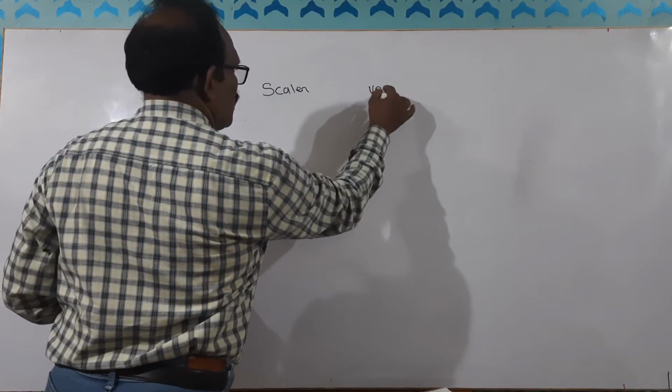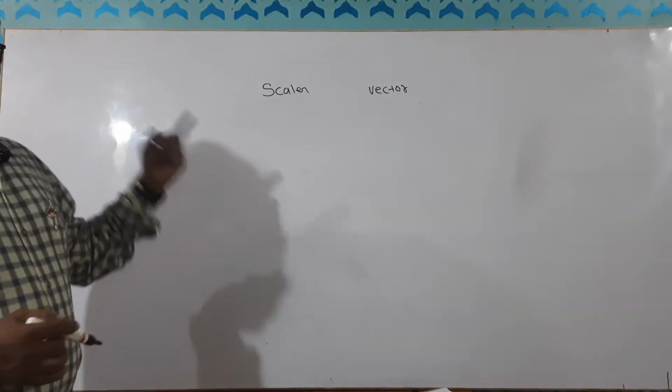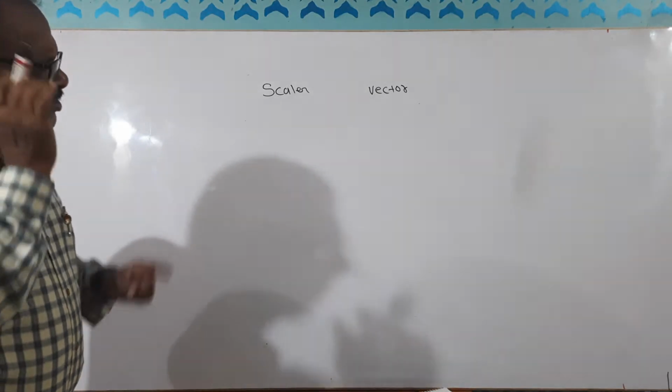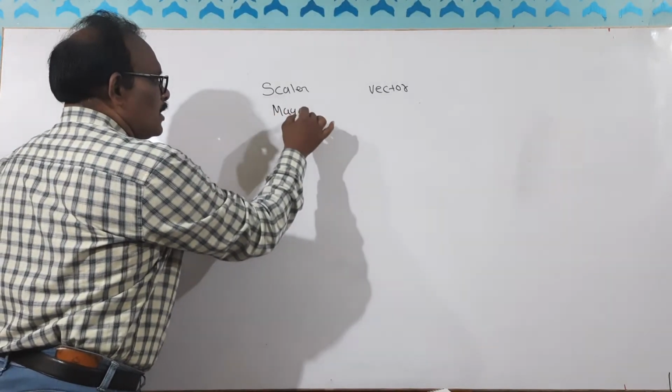Scalar and vector. What are these? These are quantities. Scalar is a quantity in which there is only magnitude. Only magnitude.